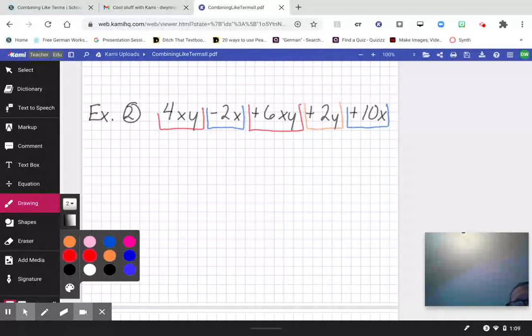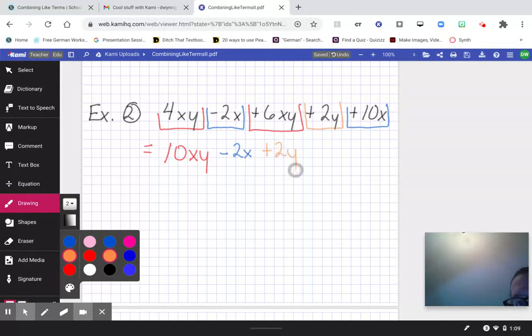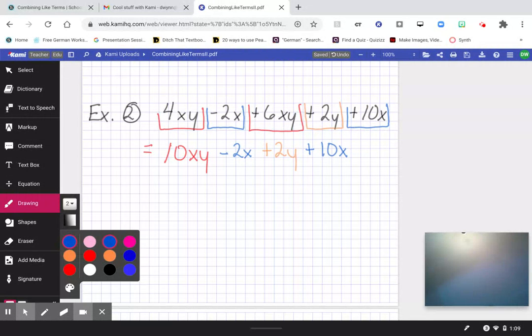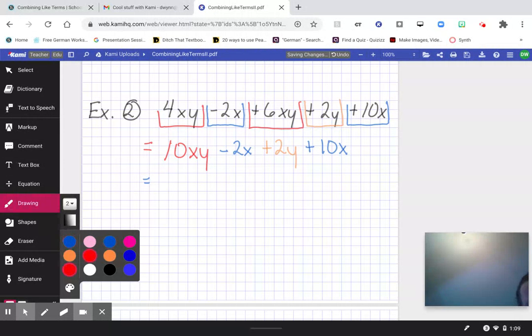So 4xy plus 6xy will give us 10xy, and then we can bring everything else down: negative 2x, plus 2y, plus 10x. Now we can easily see that we have two like terms, and the other two do not have like terms, which means they're going to stay like that. So we can bring down the 10xy, and then we have minus 2x plus 10x.